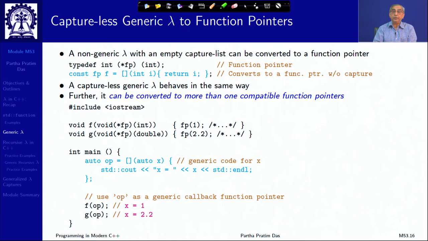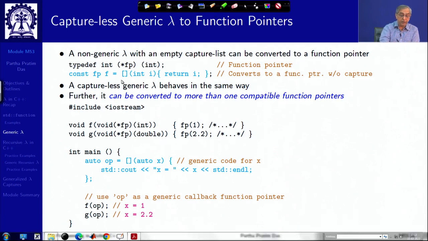And also the generic lambda, if there is no capture like in here, then any lambda can also be assigned to a function pointer. So here is a function pointer and here is a lambda, and I am just putting it in the function pointer.